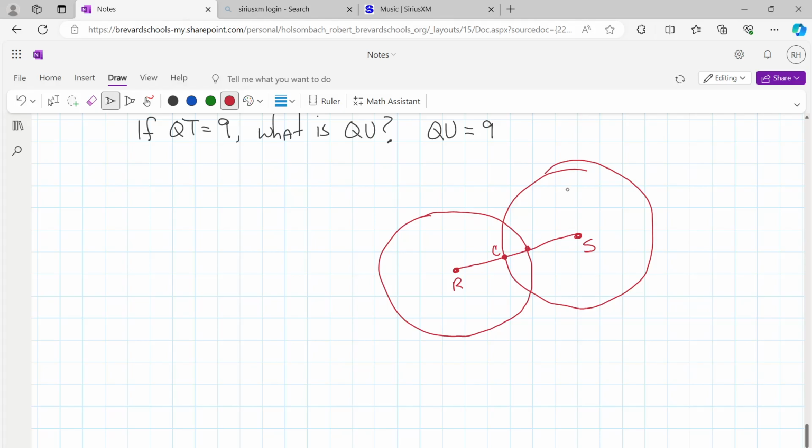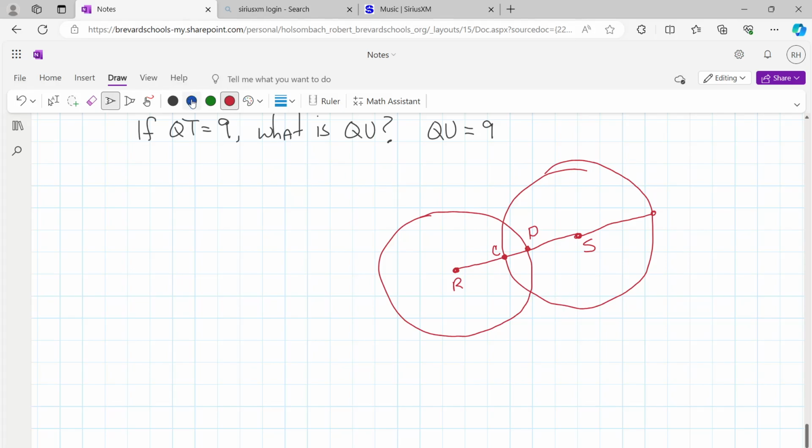And we've got point D. And we're told the diameter of S equals 30. So this is circle S on the right, and its diameter is 30.